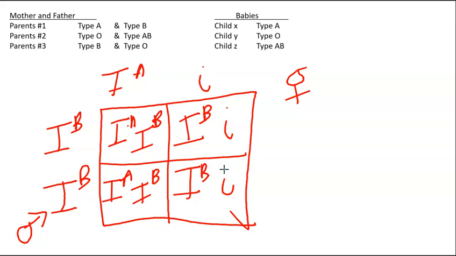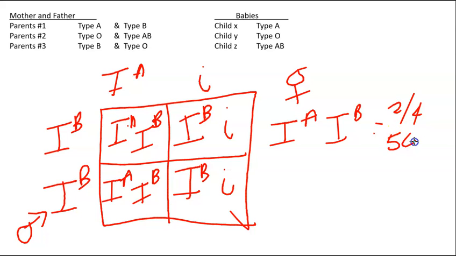Now here we can see 2 out of the 4 squares has the genotype for type AB blood. So that's a 50% chance that their child might be type AB blood. And here we can see 2 out of the 4 squares have the genotype for the heterozygous carrier of type B blood.